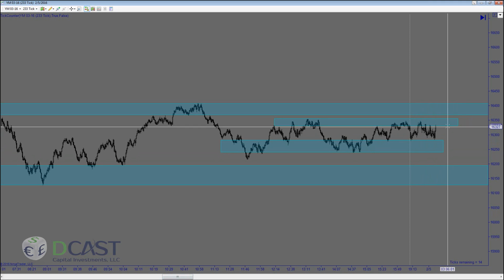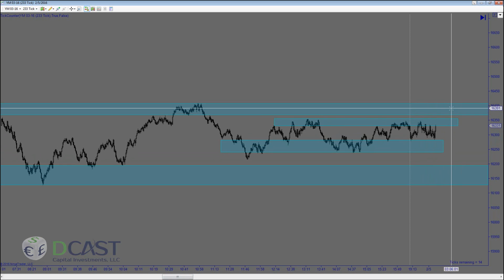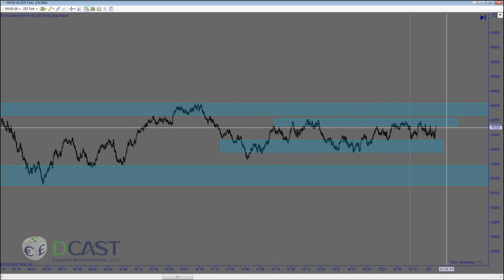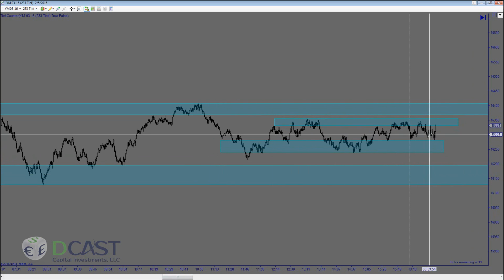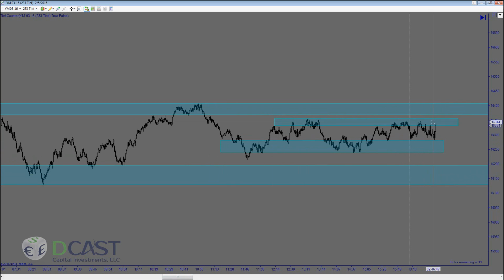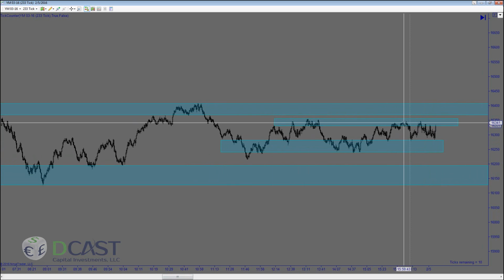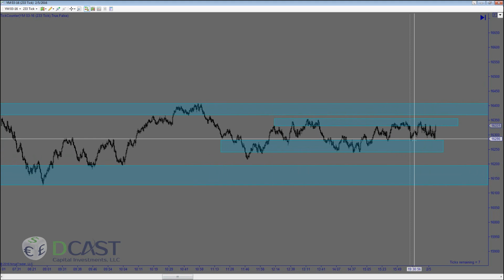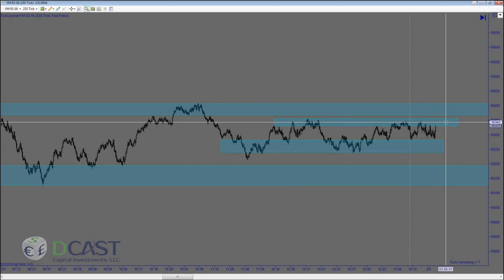Okay, so what we're doing is we've already predetermined that this area should hold based on the weakness that we see here. Now price is trying to pick up some strength here, but price has failed to make a new structure high in the short term here, and price has retested those lows. So what is our short-term expectation? Our short-term expectation is not for price to make a new structure high.